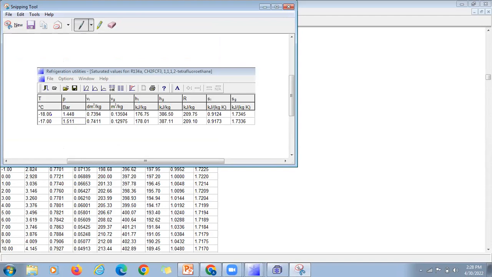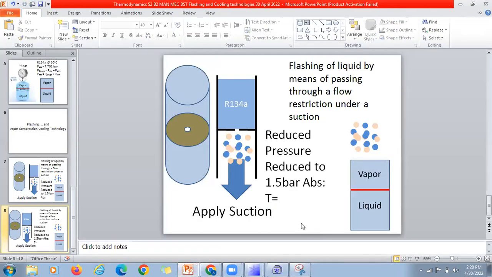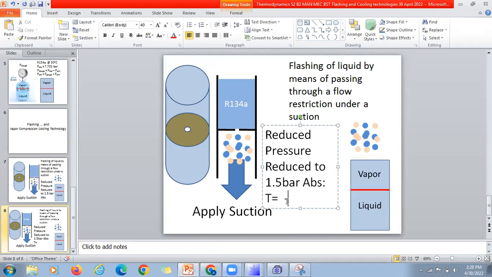So 1.5 may be minus 17.5 degrees Celsius.